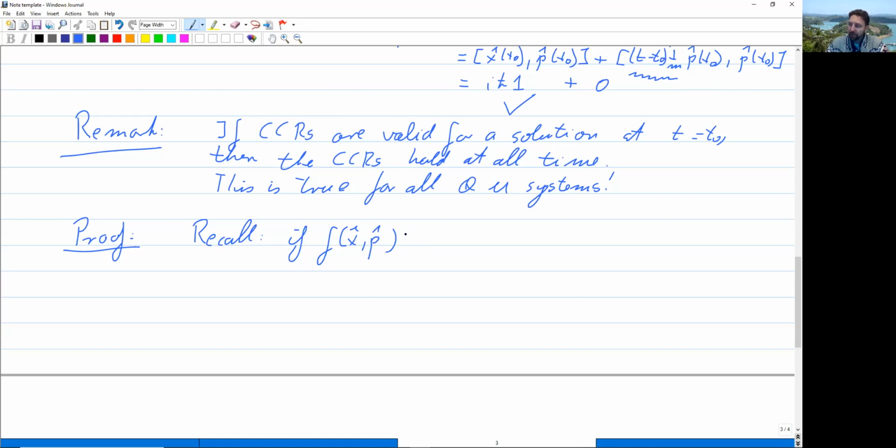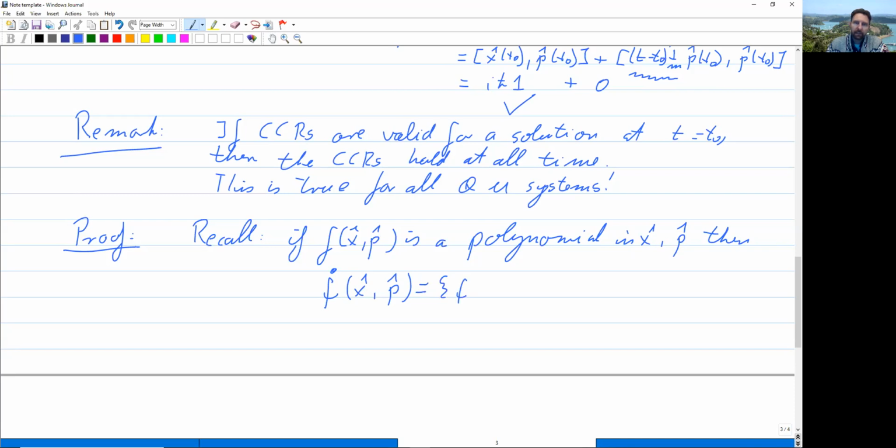So let's remember that if f of x hat and p hat is a polynomial in x hat and p hat, and in principle it could of course be multiple x's and multiple p's, then the dynamics of f, the time derivative of f by the Heisenberg equation, or if you write it in terms of Poisson brackets, then it's the Hamiltonian equation, is given by, well, let's write it in terms of the Hamiltonian equation.